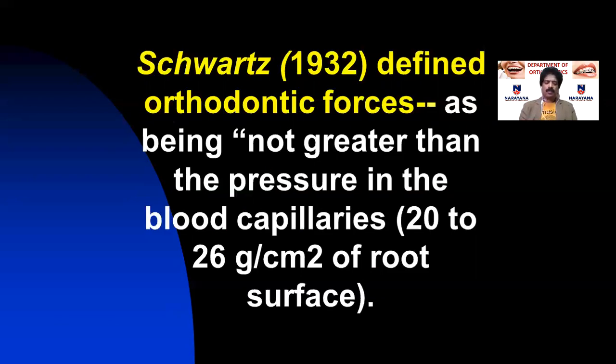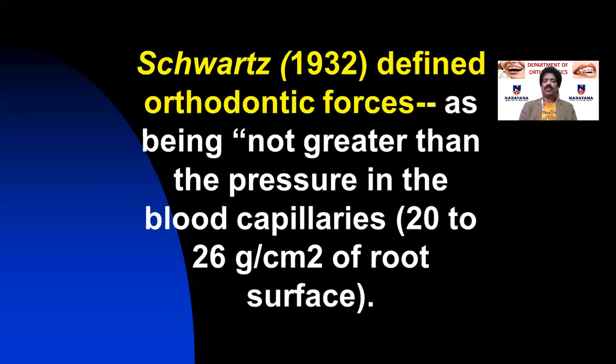Okay, so the optimum orthodontic force is 20 to 26 grams per square centimeter of root surface area. So even with the current techniques, the recent appliances they are using, this is the optimum orthodontic force, but till now they are using very light force.